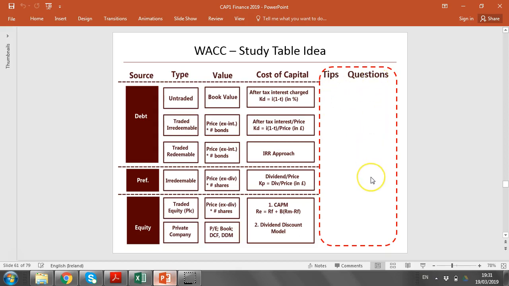And then the question column is to just collect past exam questions that have asked each type of finance. Because this WACC comes up every year, and the examiner mixes up the combination of the types of source of finance each year. But start using this summary table in your study plan, and then as you get towards your end of year exams, you'll wean yourself off it and you'll essentially know it off by heart.